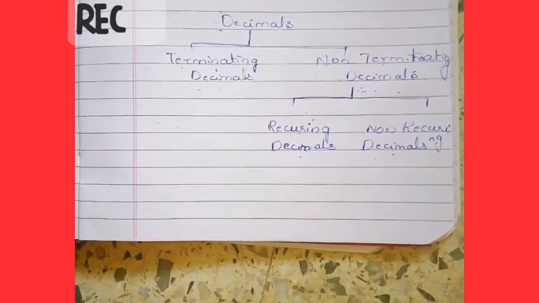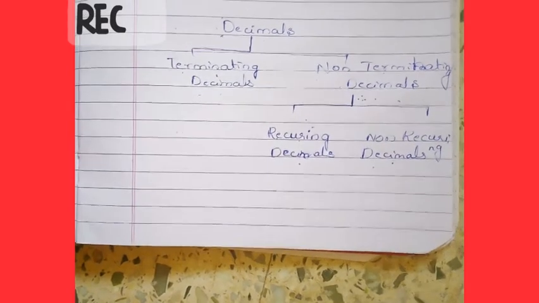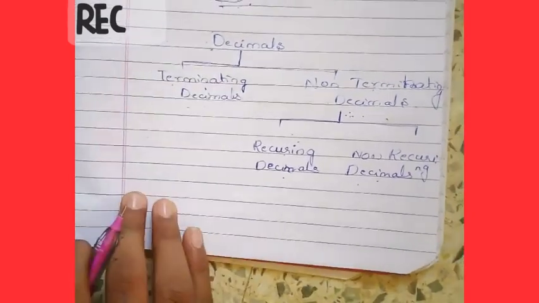Here, which are rational numbers and which are irrational numbers? Let's see.